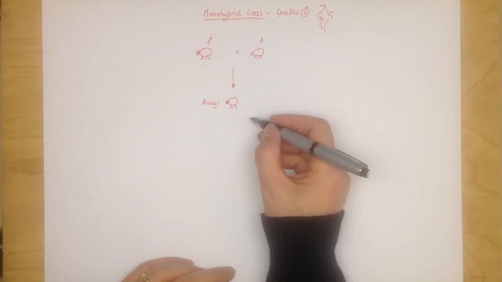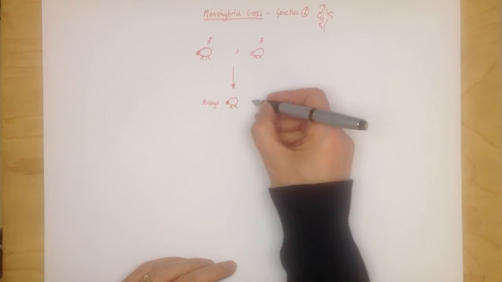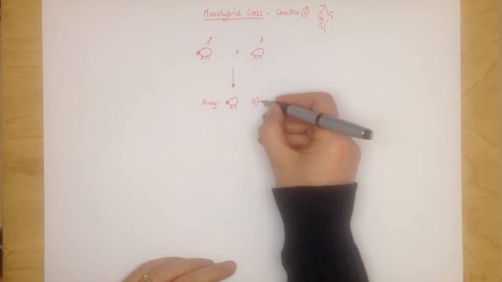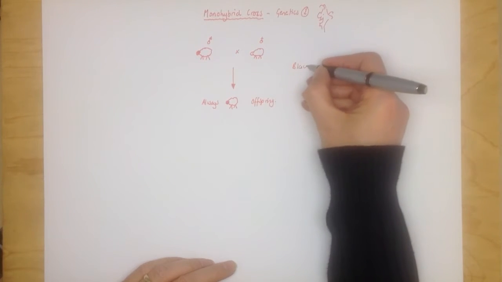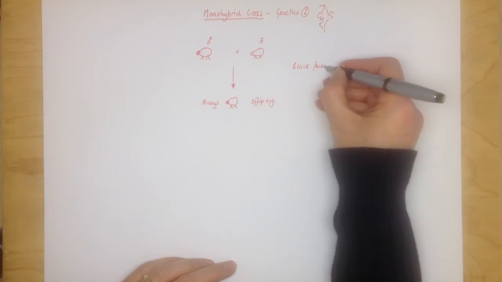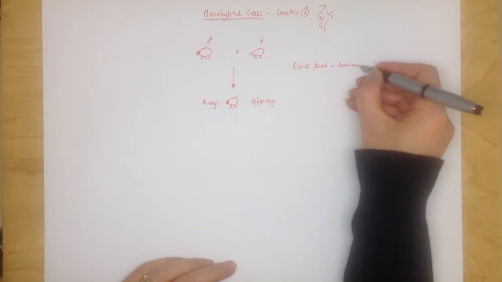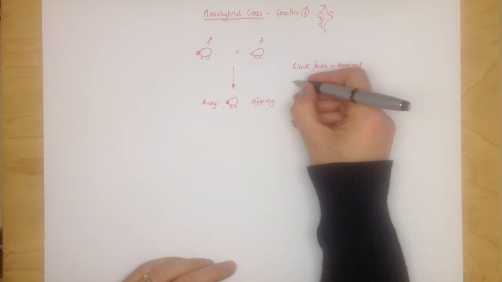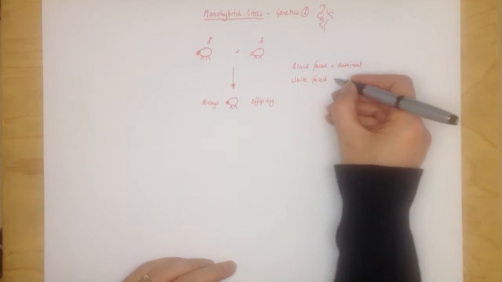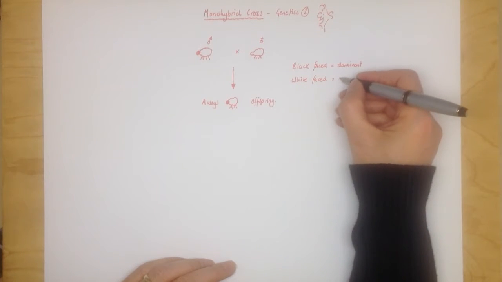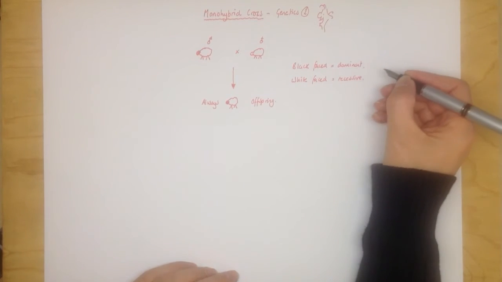So, then we talk about dominance and recessive. Because the offspring are always black-faced, we say that black-faced is dominant, because it always expresses itself or covers up the recessive white-faced gene.